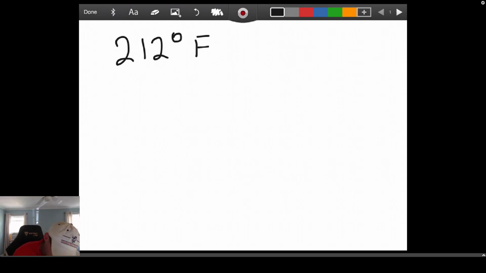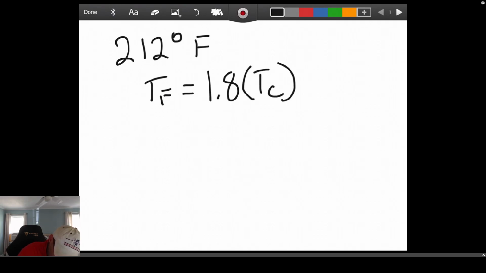Say I have 212 degrees Fahrenheit and I want to get to Celsius. My equation is TF equals 1.8 TC plus 32.